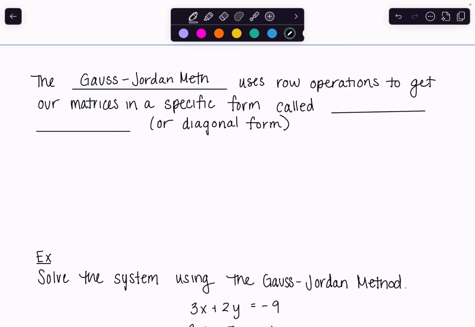So the Gauss-Jordan method uses row operations to get our matrices in a specific form, which is called reduced row echelon form. Or you can call it diagonal form. So depending on if you have two equations and two unknowns or three equations and three unknowns, I'll show you what that form looks like.